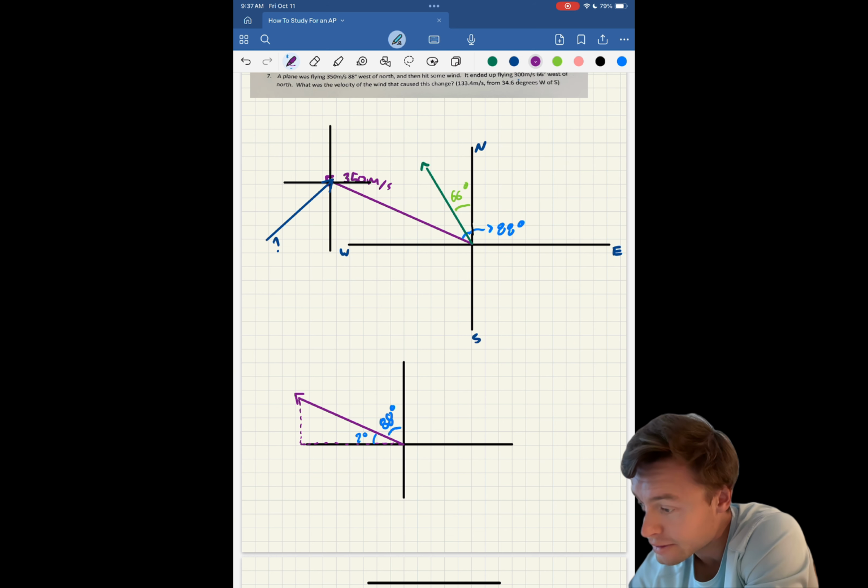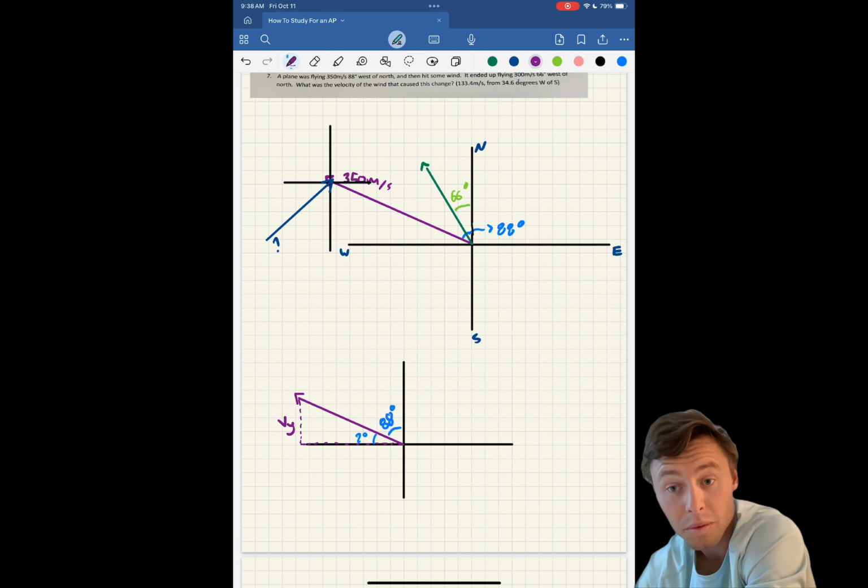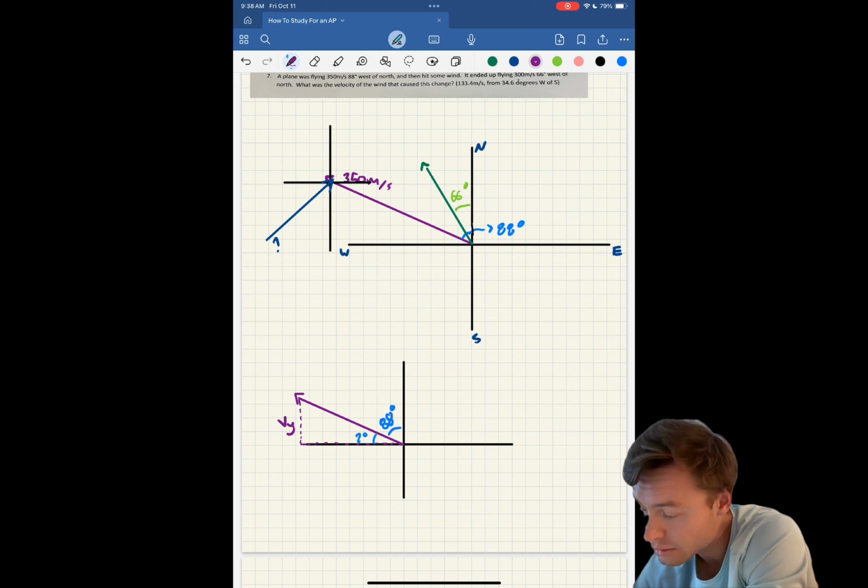So to figure out its vertical component right here, its velocity in the y direction, all you would do is say that the sine of 2 degrees is equal to Vy, the velocity in the y direction, over 350.